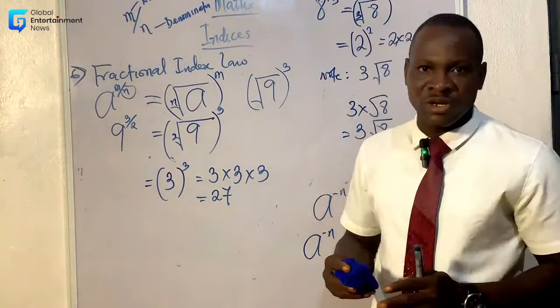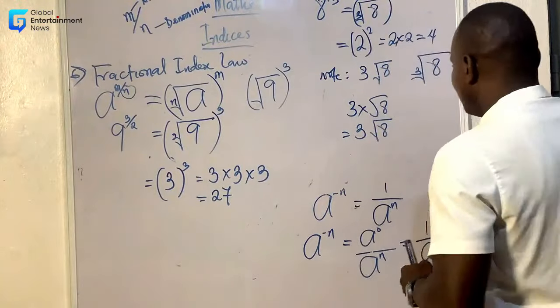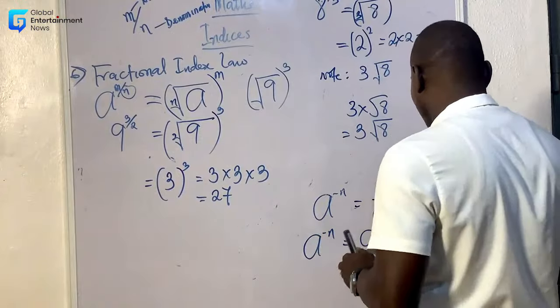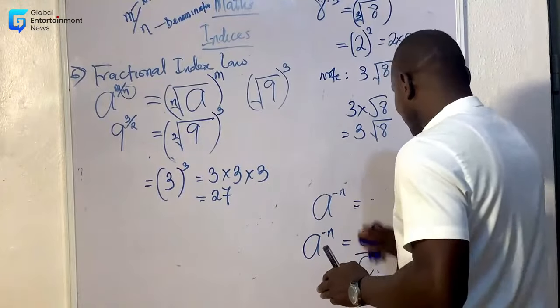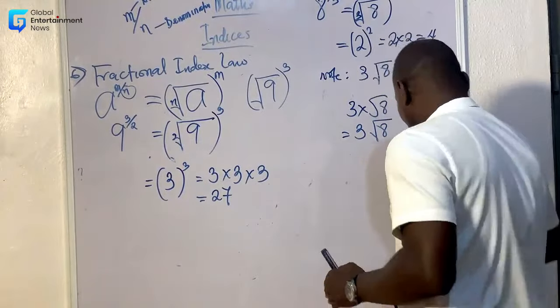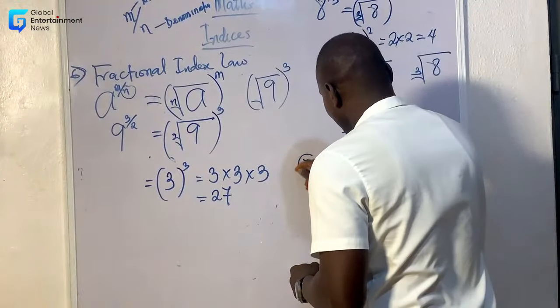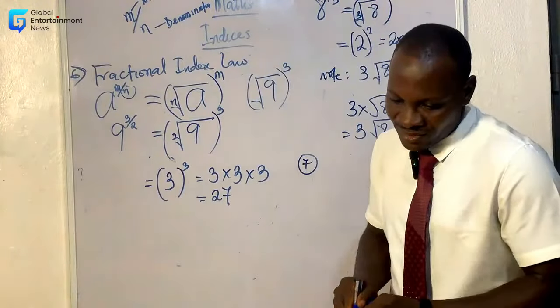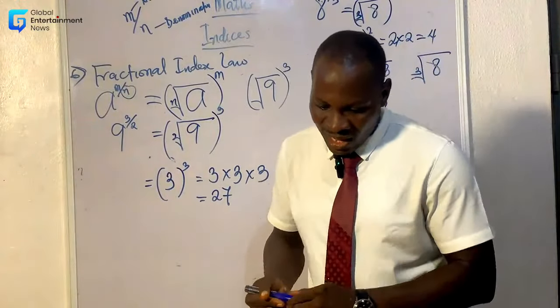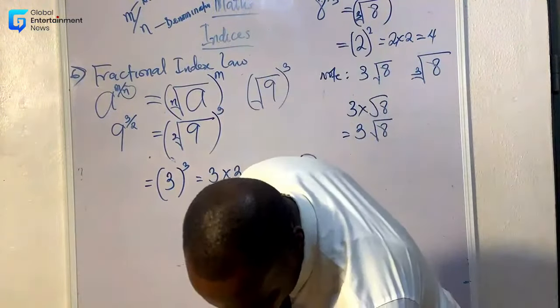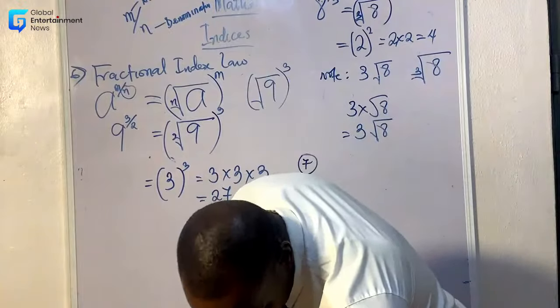Then we move to rule number 7, which is going to be my second to the last rule. Rule number 7, we call it the product power rule.